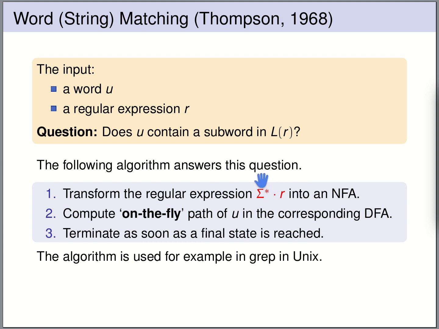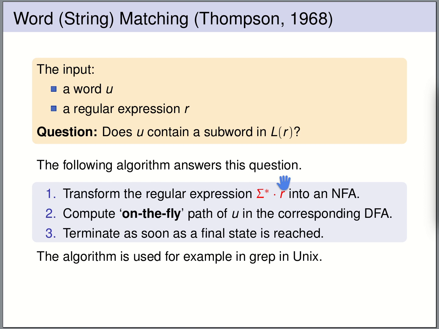If sigma consists of letters A, B, C, then sigma star means that we have (A plus B plus C) in brackets to the power star. So it's an arbitrary word over sigma. So we have an arbitrary word over sigma followed by a word in the expression of R.